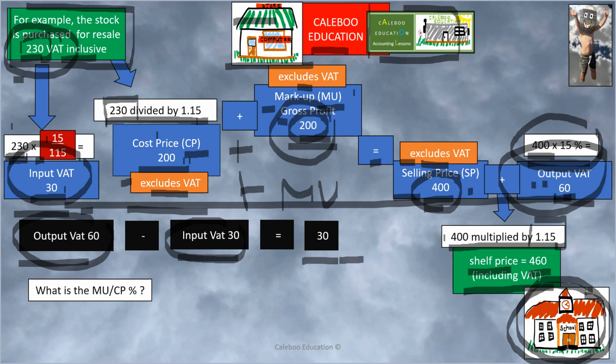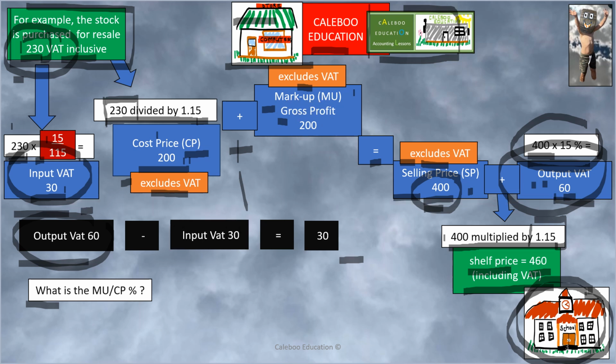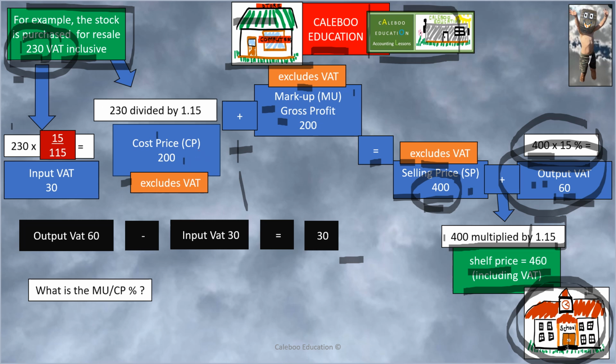Now what we're going to do in a little bit more detail is the markup on cost price percentage. So in this little example here, what is the markup on cost price percentage of Calibre Education? The markup, the currency value or rand value, whatever currency you're working in, was 200.